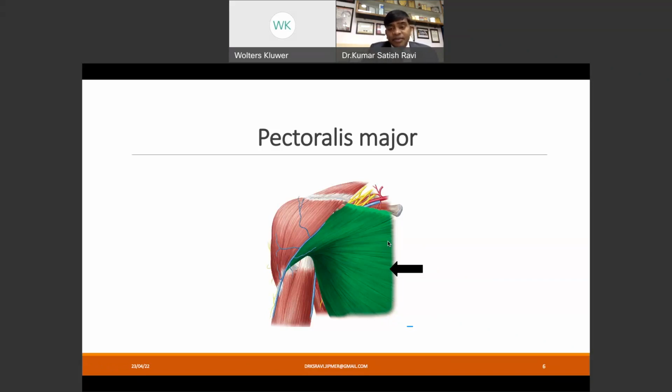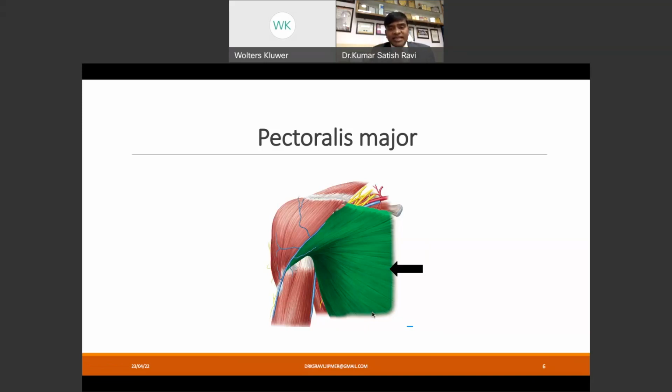The third head is the aponeurotic head. It arises from the aponeurosis of the external oblique muscle of the abdomen, as well as from the anterior abdominal wall. So these are the three heads of the pectoralis major, and we have discussed the origin of the pectoralis major.